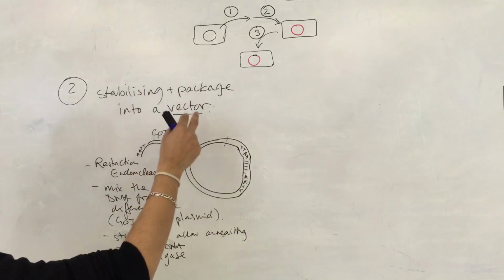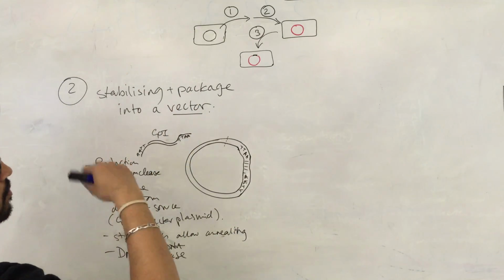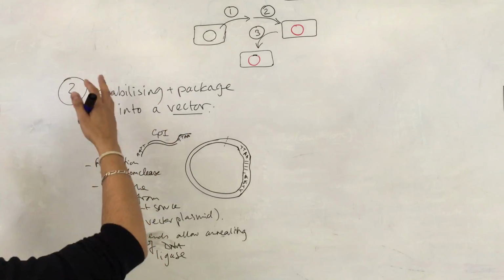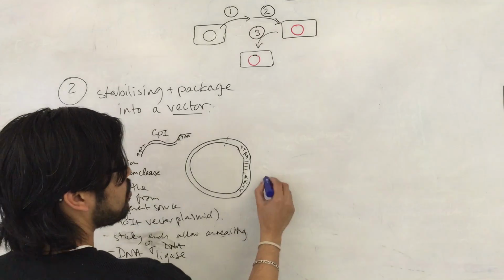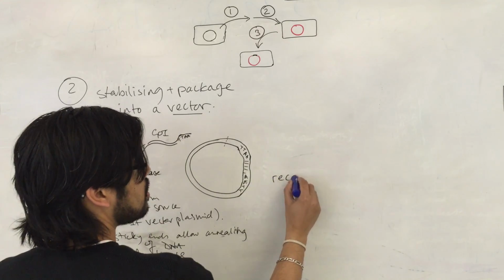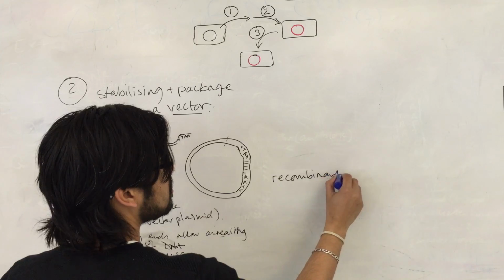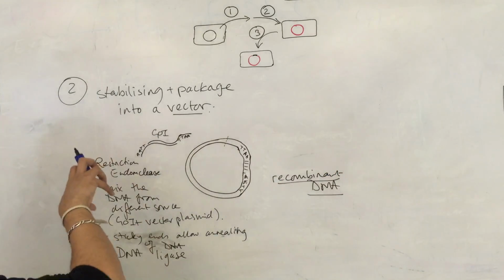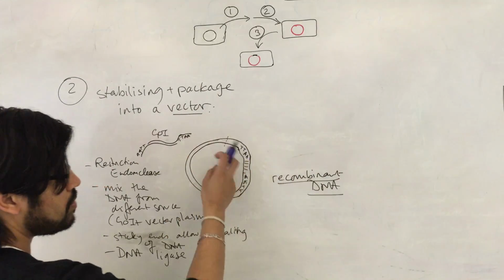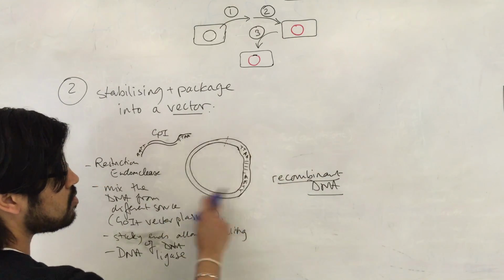We've stabilized and packaged our gene of interest into our vector, and we should note at this stage that we have just produced our recombinant DNA. We've taken DNA from one source and added it into our plasmid.